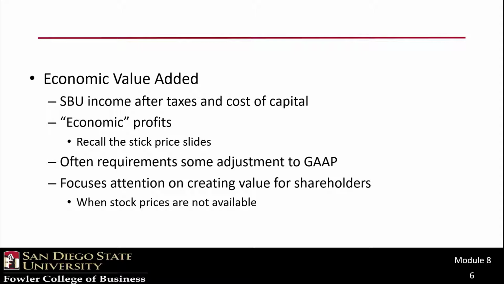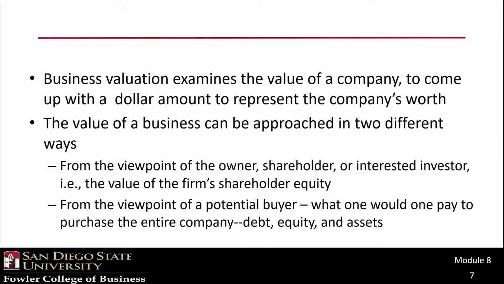Now, EVA requires adjustments to financial accounting data to correct for what they would call accounting distortions. EVA focuses the manager's attention on creating value for shareholders by earning higher profits than the firm's cost of capital. The firm increases its internal resources available for dividends and or to finance its continued growth. EVA is an indirect measure of stock return that is useful when stock prices aren't available.